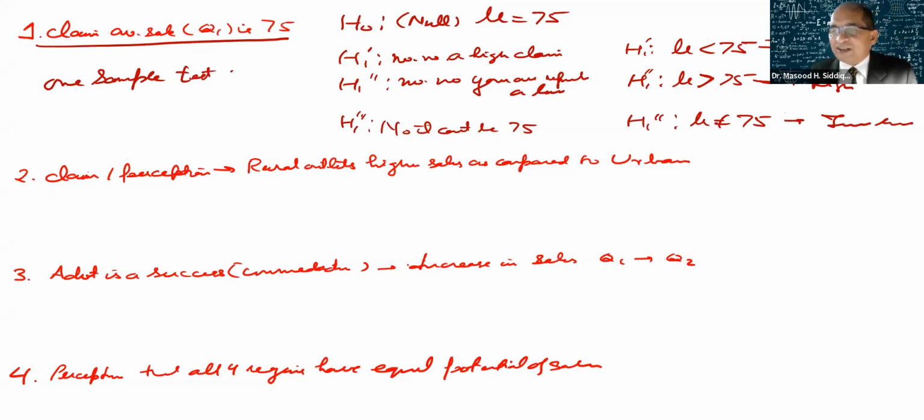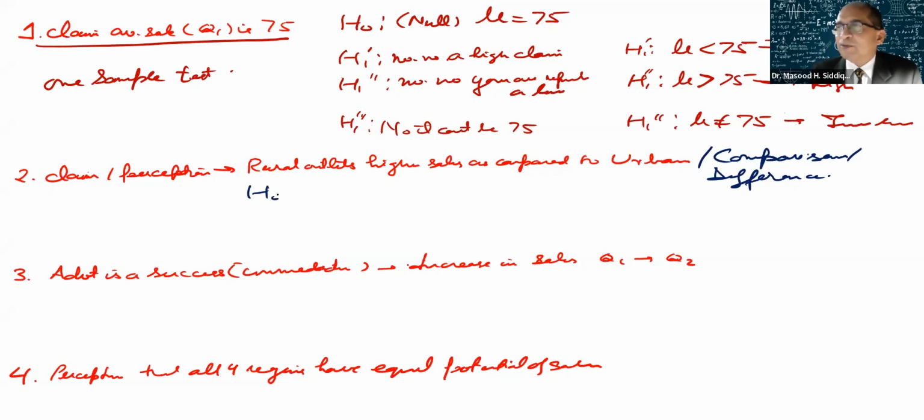The most basic one. Now I am coming to the second problem. Here, as you can see, there is a comparison. We are comparing rural outlets with the urban outlets. So we are considering the difference. Okay.